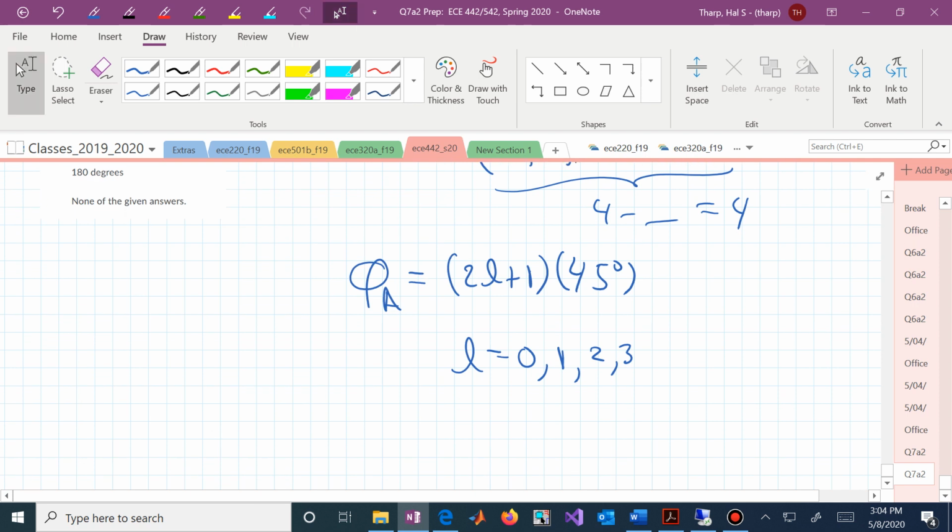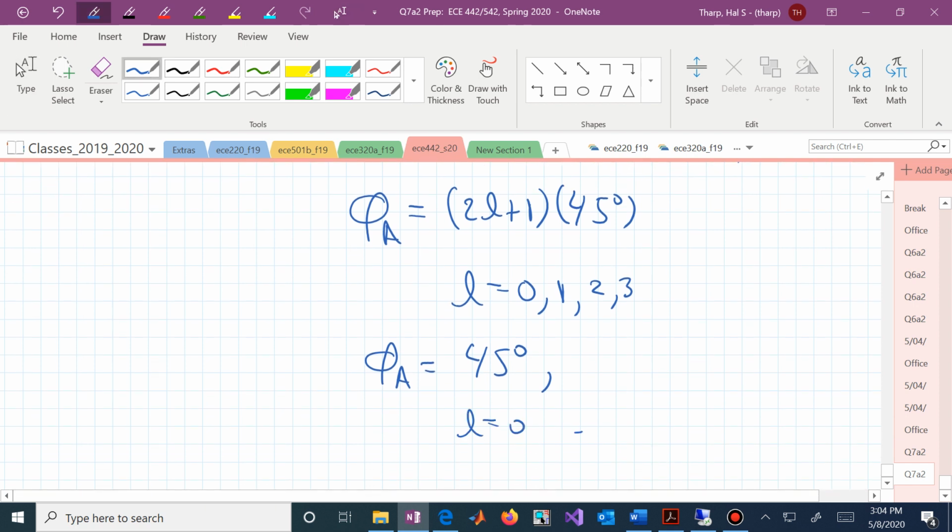So we now need to iterate through these different indexed values of L. At L equal to 0, we have 45 degrees for phi sub A. When L is equal to 1, we are looking at 3 times 45, or 135 degrees.